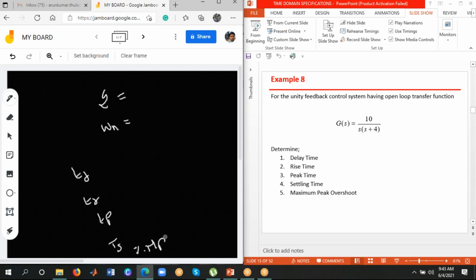So first find omega n and zeta. What is the value of omega n and what is the value of zeta?